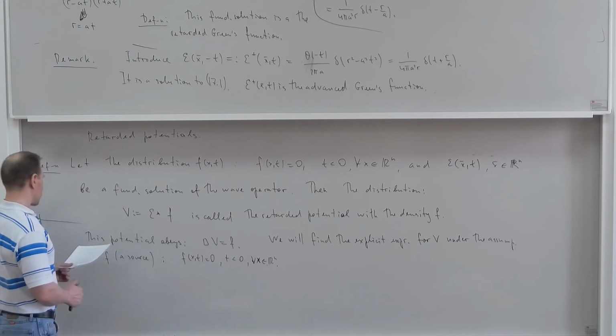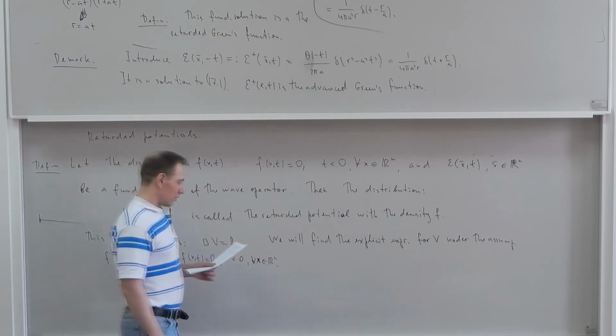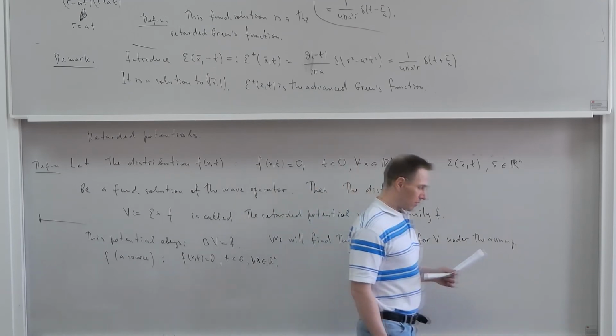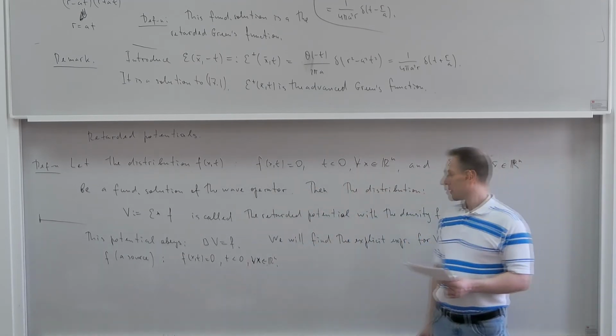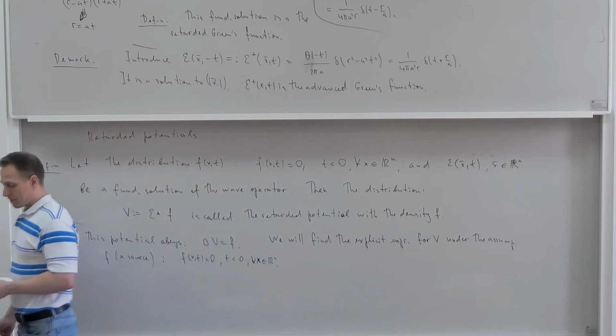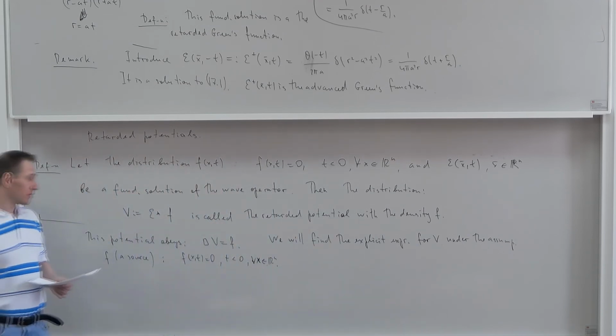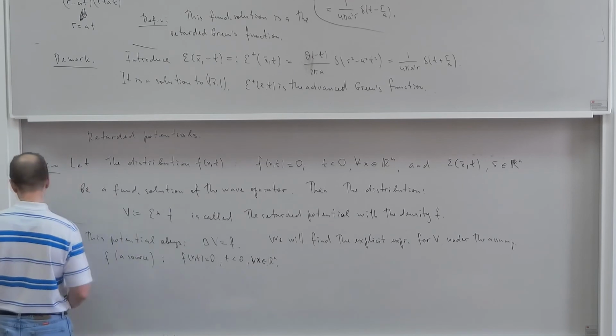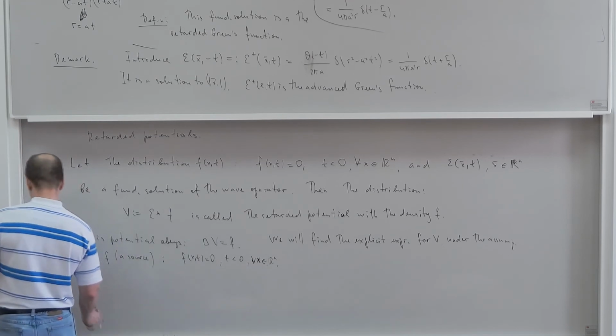The function f describes sources which are present in the system.